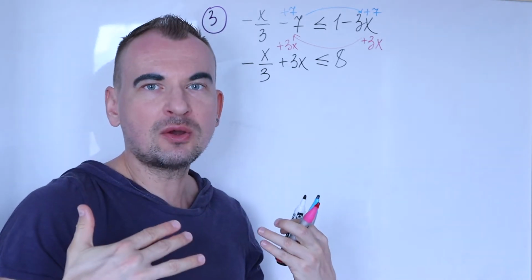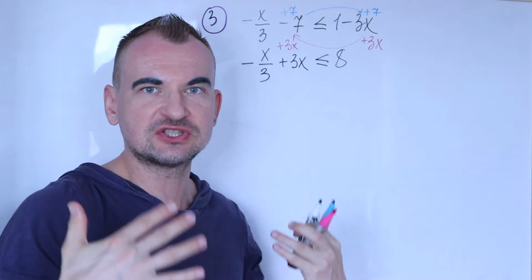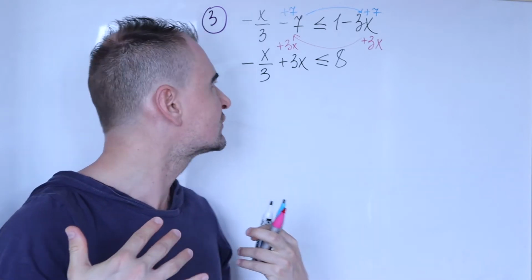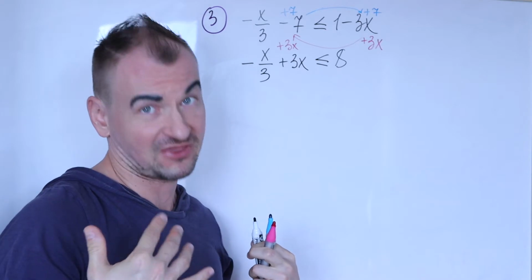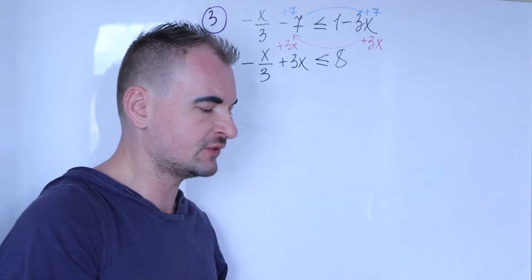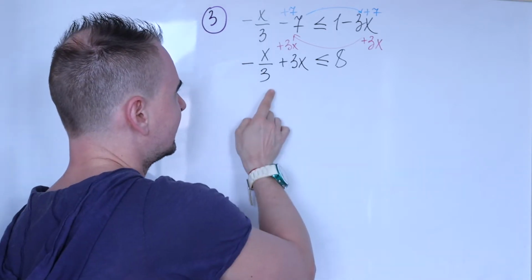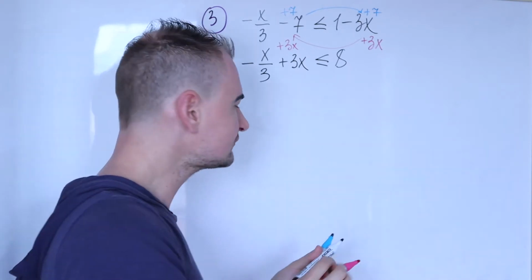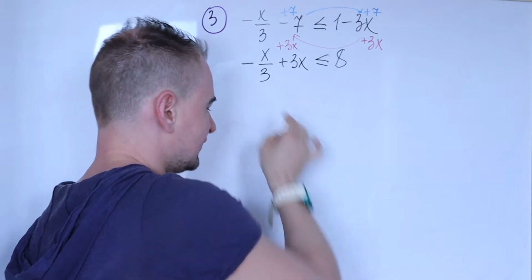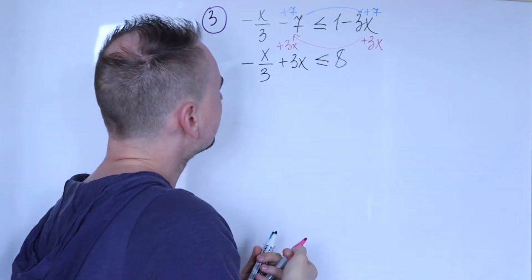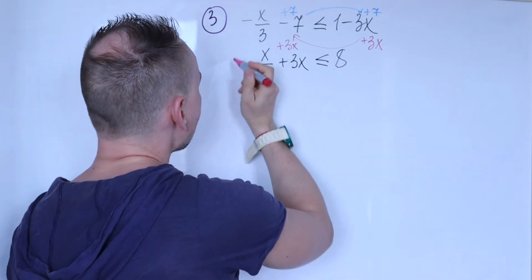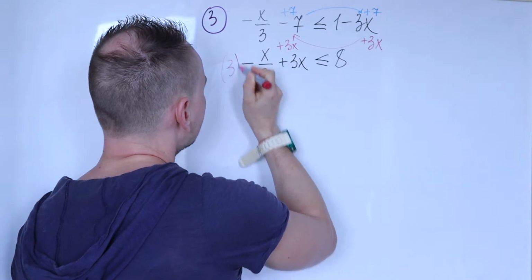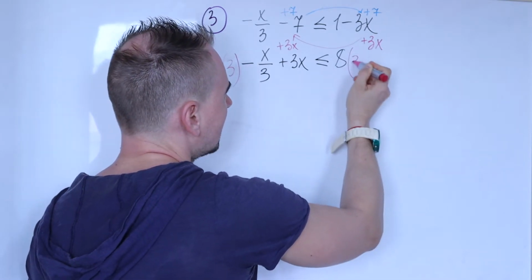All we need to do is undo this. We need to multiply by 3 both sides of your inequality. It allows us to eliminate this pesky fraction. So we multiply by 3 both sides.